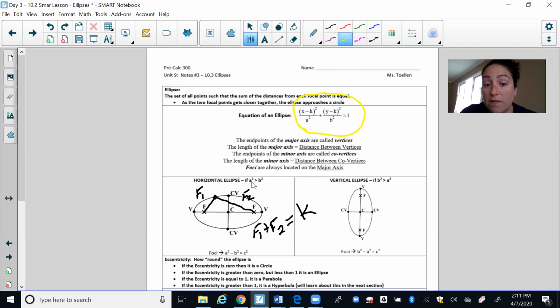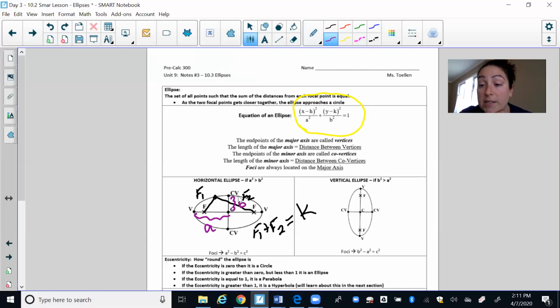If your a squared value is greater than your b squared value, then we'll have a horizontal ellipse, meaning the distance from your center right-left is where your vertices are, meaning the distance between those two vertices is your major axis. Distance up-down then is where your covertices go. This distance here is our a value, and this distance here is our b value.